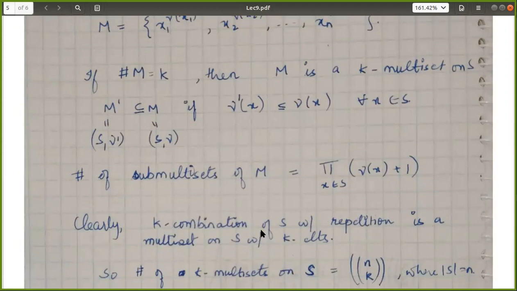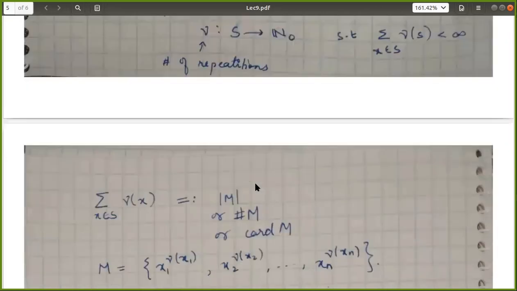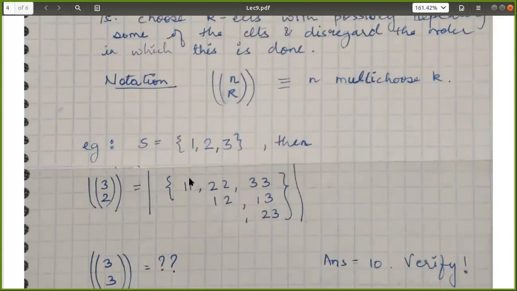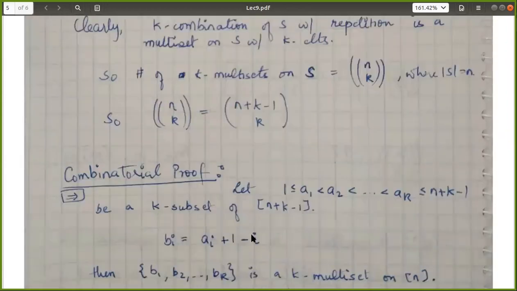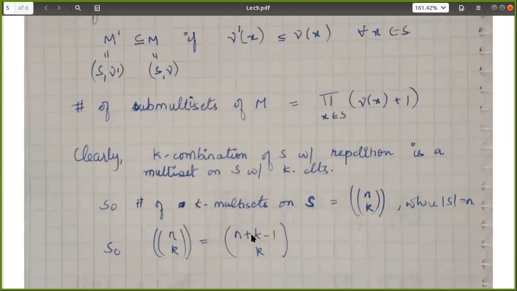This gives you nothing but a multiset on S with K elements, right? Yes, ma'am. So this was a 2 combination of elements of S. This was another 2 combination of elements of S. These are like words or strings. So those are combinations, right?